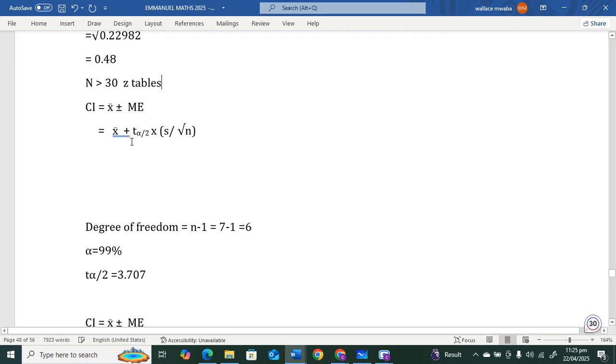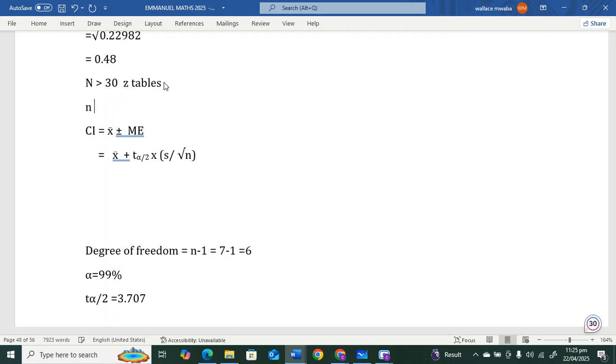So in this formula, that would be a critical value from the Z table. But if your sample size is less than 30, then you use T tables. Here our sample size is 8, which is less than 30, so we're using our T tables.